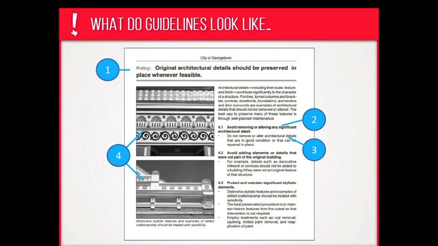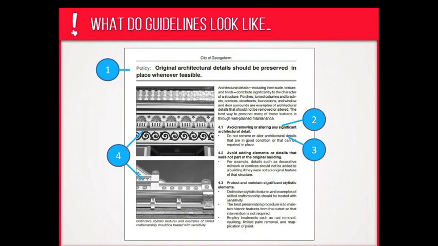The first being a policy statement that describes a desired state or condition of the design element being discussed. In the example, the policy statement is, original architectural details should be preserved in place whenever feasible. Number 2, a guideline statement is included that describes a desired design treatment that is performance-oriented. For instance, avoid removing or altering any significant architectural details.